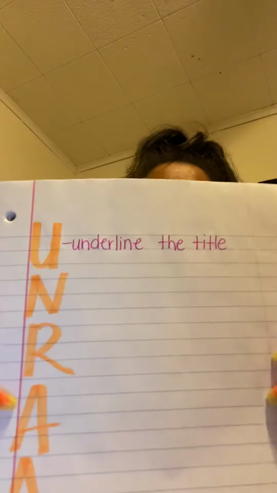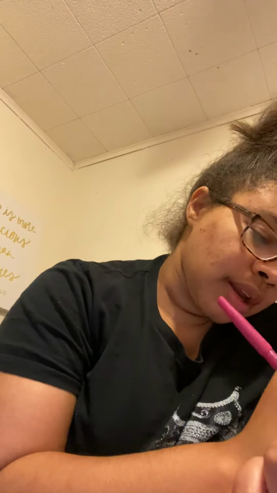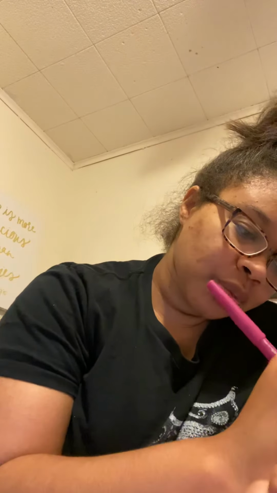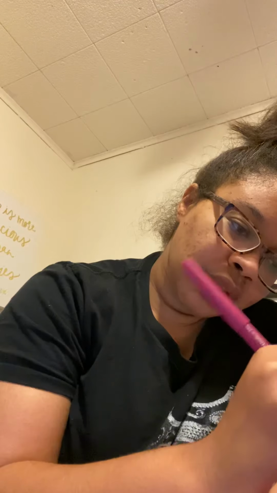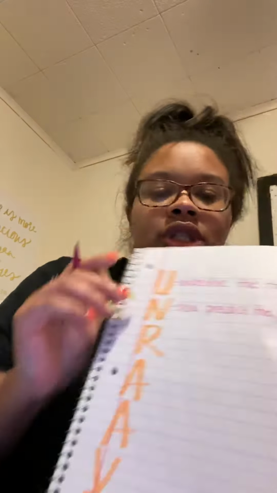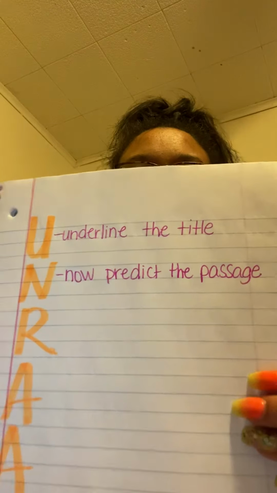So I'm going to write it with you. Underline the title, like so. And then N is where you're going to now predict the passage. And if you are confused about what a prediction is, a prediction tells you what you think is about to take place in the story.